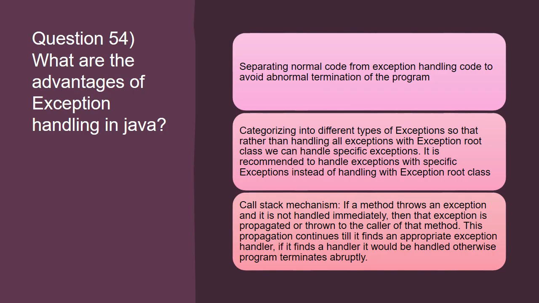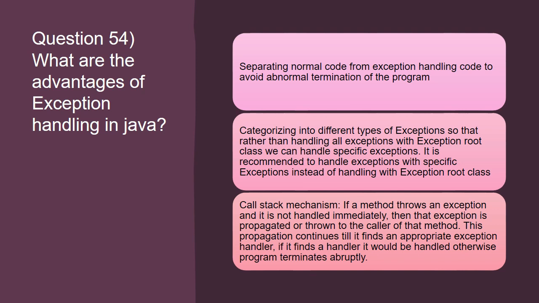Question 54. What are the advantages of exception handling in Java? 1. Separating normal code from exception handling code to avoid abnormal termination of the program. 2. Categorizing into different types of exceptions so that rather than handling all exceptions with the exception root class, we can handle specific exceptions.